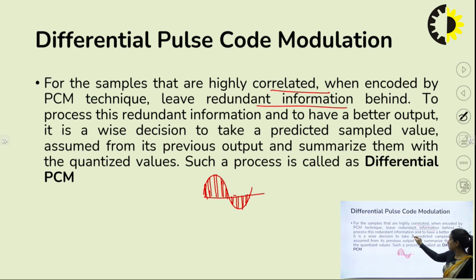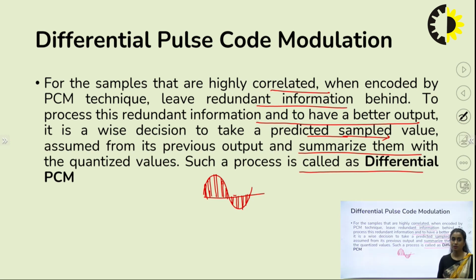To process this redundant information and have a better output, it is a wise decision to take a predicted sampled value assumed from the previous output and summarize it with the quantized value.